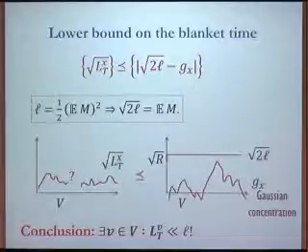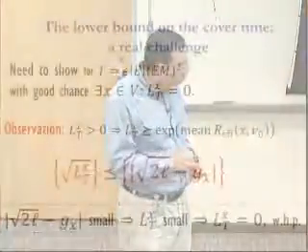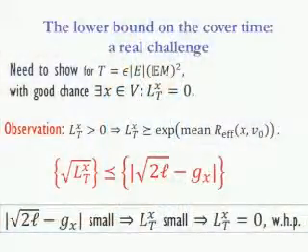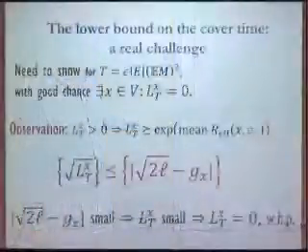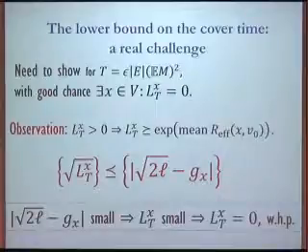But lower bounding the cover time is much harder because that involves finding a place where the local time actually is 0. So in the last 3 minutes, let me sketch what the issue is there. We want to show, so 3/4 of the technical work starts here, but I won't be able to do it, which is how to find, show a vertex where the local time is actually 0.